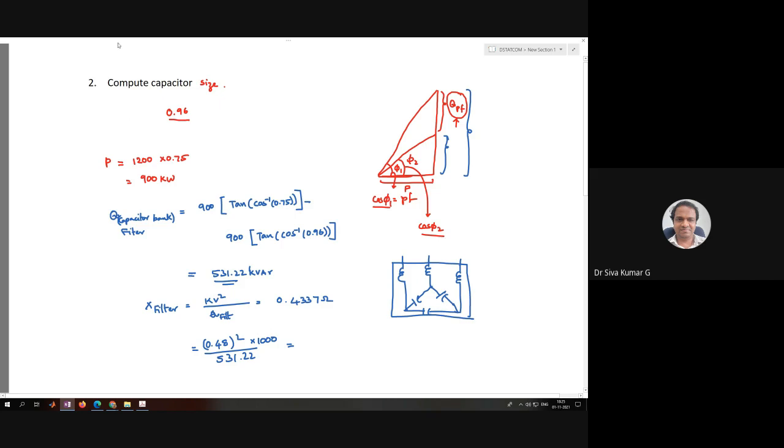Simply, it should be voltage square by the Q reactive. We'll get this particular value, and you get the filter reactance.